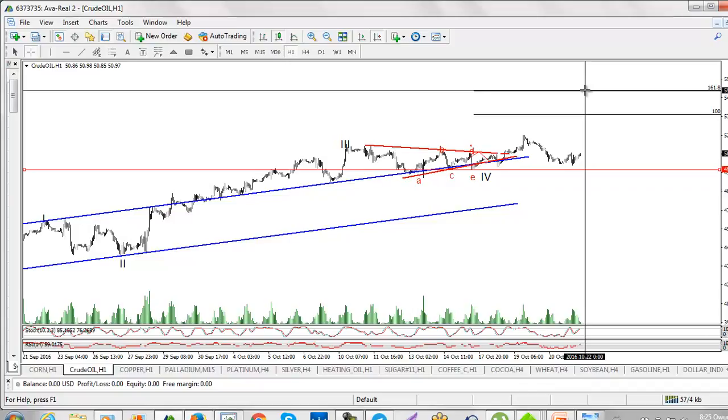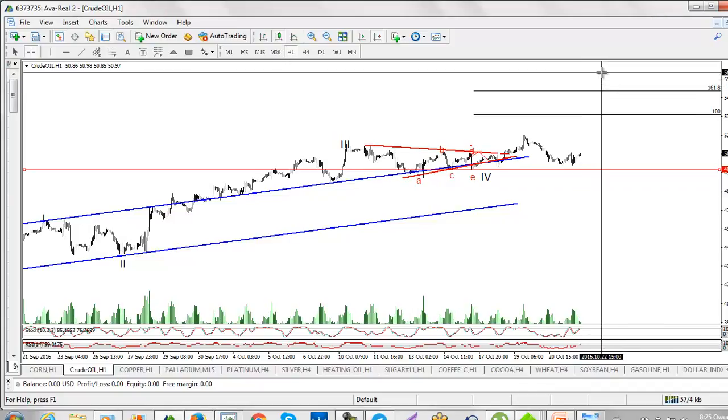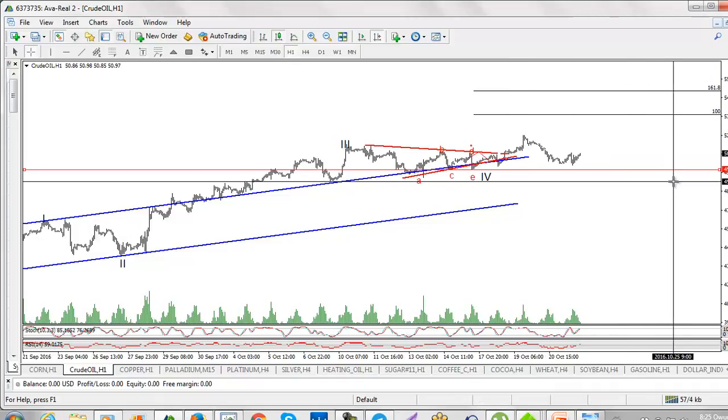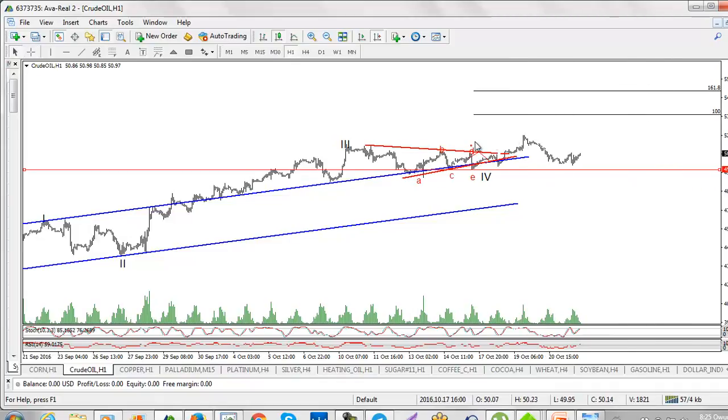So if the third wave gets there, that means price may even go up to probably $57, $58 before this rally ends, and then we'll now see a correction. So our preferred outlook for crude oil is bullish, in as much as price is maintained here. So that is what we have for crude.